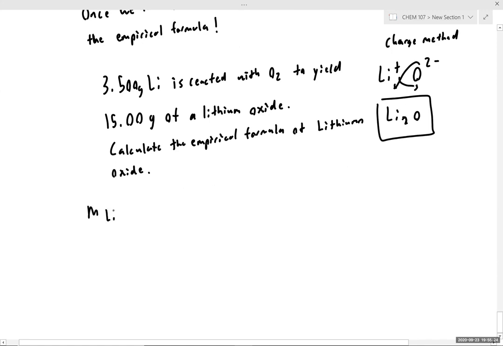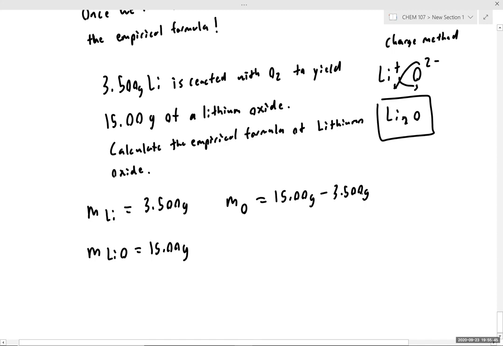So we know the mass of lithium, which is our metal, is 3.500 grams. We know the mass of our lithium oxide is 15.00 grams. So then the mass of oxygen is equal to 15.00 grams minus 3.500 grams, which gives us 11.500 grams of oxygen.